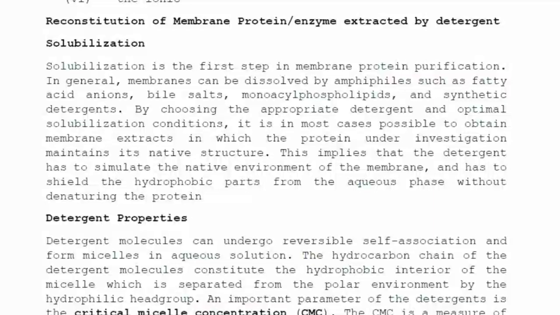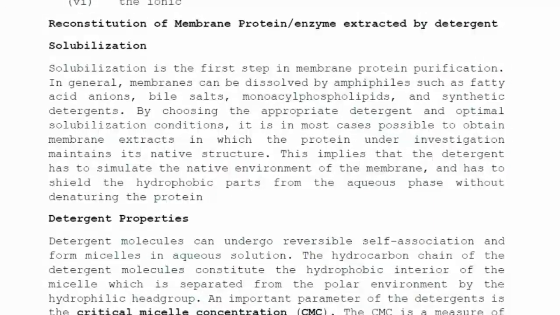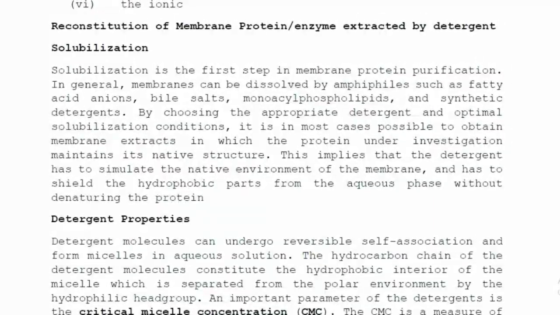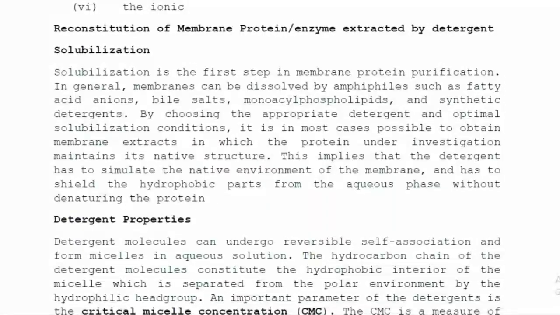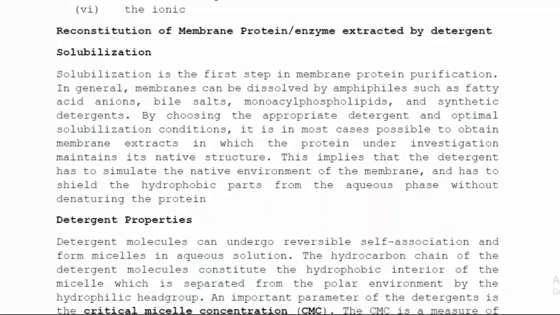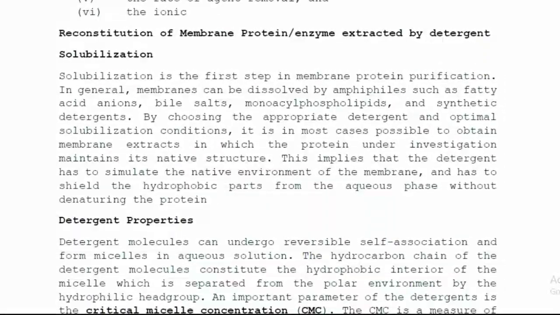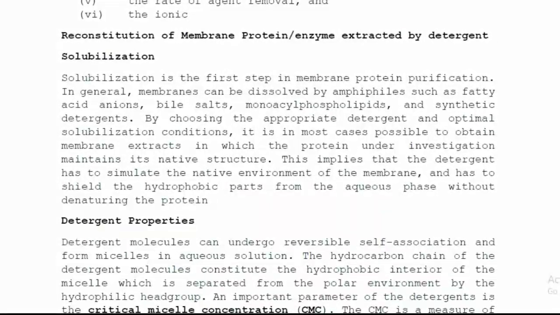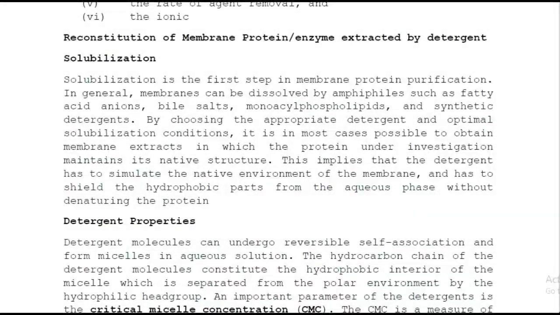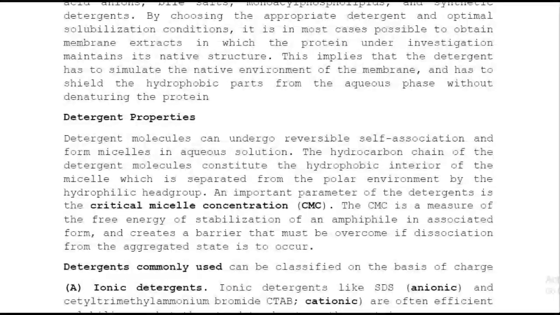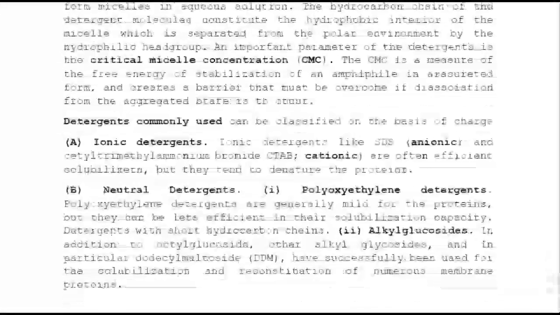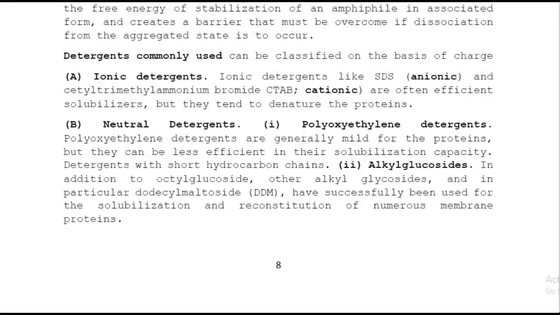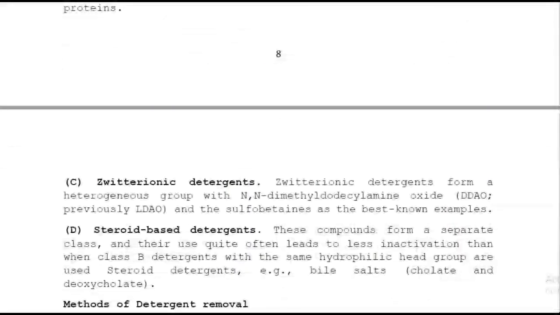Don't forget, it is very, very important that the type of protein you are using will determine the kind of detergent you are going to use. There are different types of detergents being used. We have the ionic detergents, neutral detergents. They are different, but you can read to see what they are being used for.